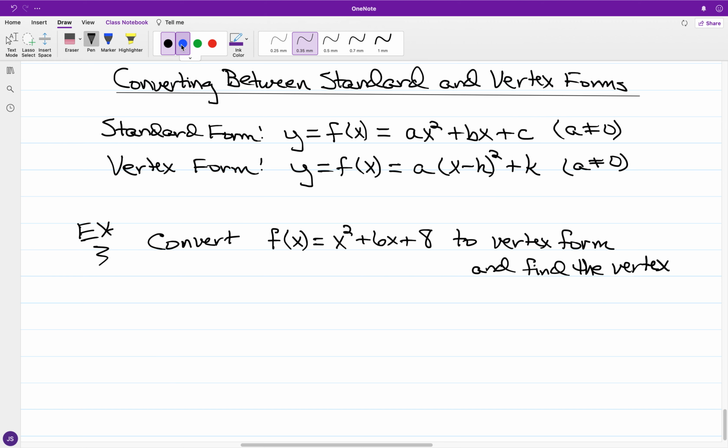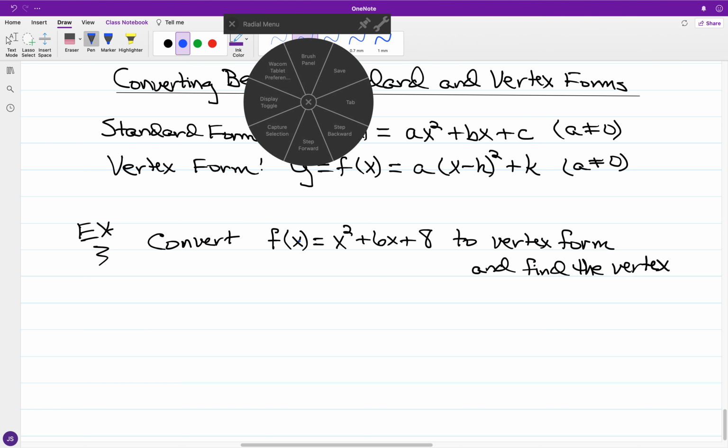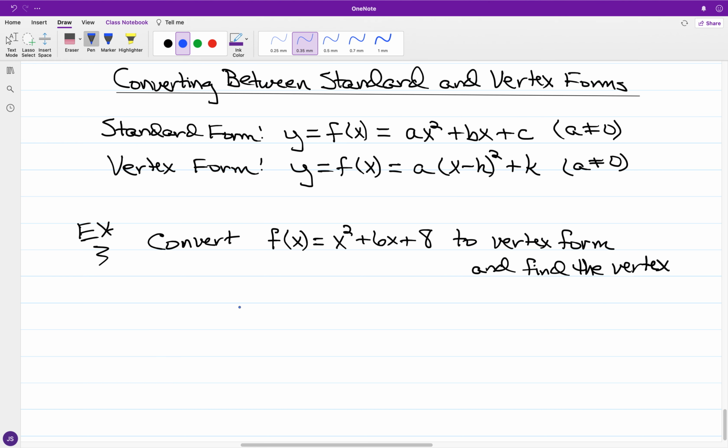So starting out from f of x is equal to x squared plus 6x plus 8, this is going to be the standard form.